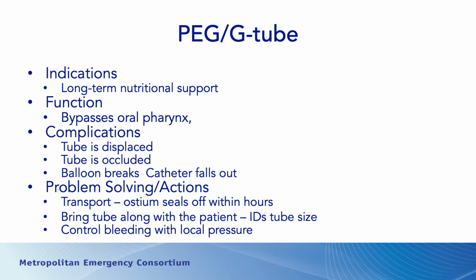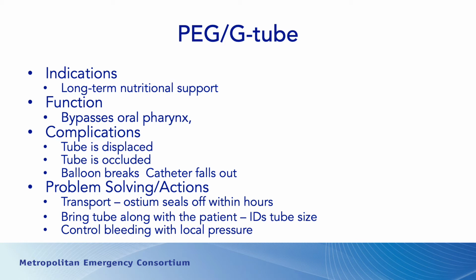Patients who have long-term nutritional support needs tolerate a PEG tube better than a long-term nasogastric tube. And because the PEG tube or G tube is a bigger caliber tube, they typically are lower risk to become obstructed. The complications you may see is the tube can become displaced, the tube can become blocked, whether it's with food or medications, or the balloon can break and the tube just falls out. So those are the complications you see.